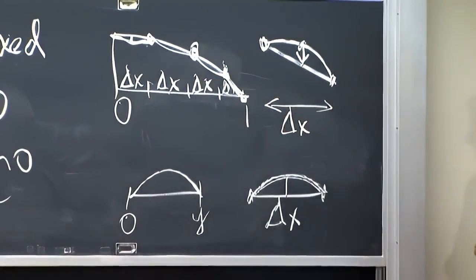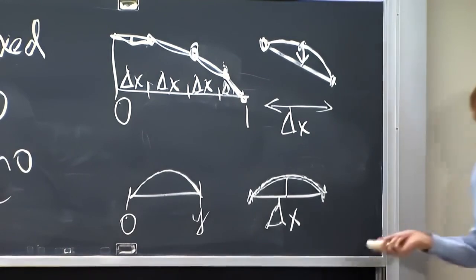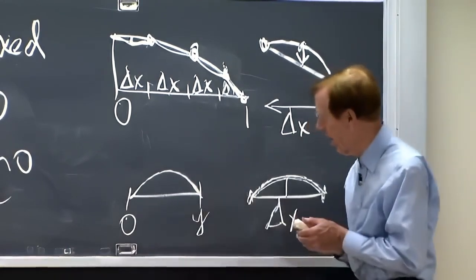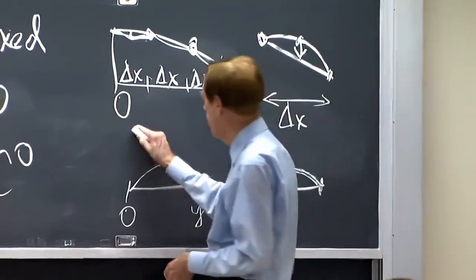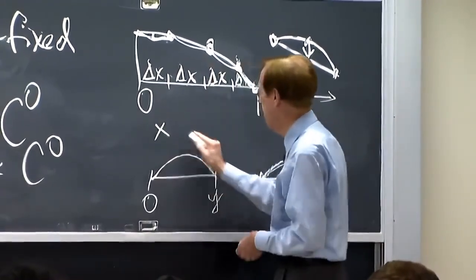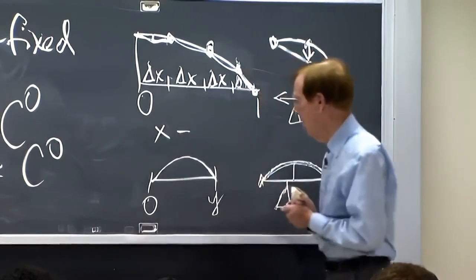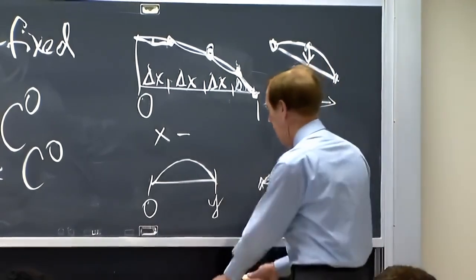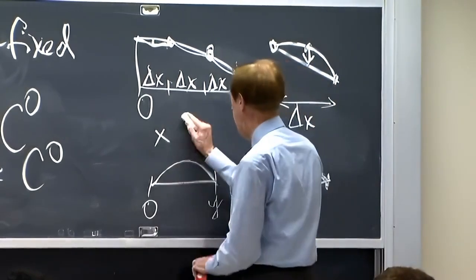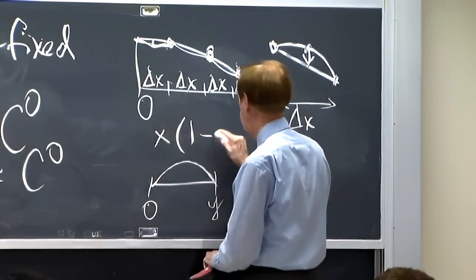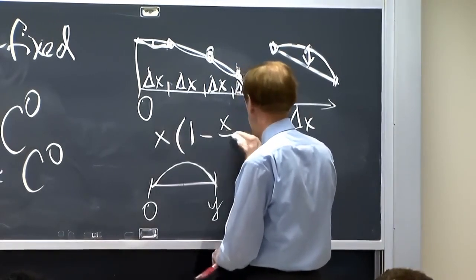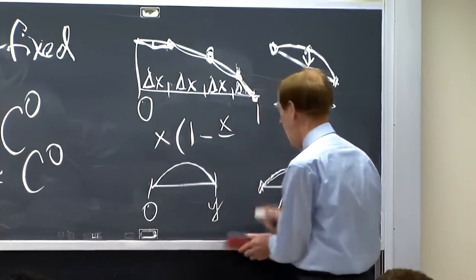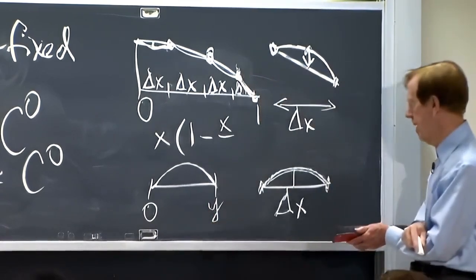Tell me that little polynomial. It's a polynomial in x. It's just a quadratic. Its slope is 1, so it maybe starts with an x. And I've got to bring it down here. Is it x times 1 minus x over, I didn't like y ever in the first place.